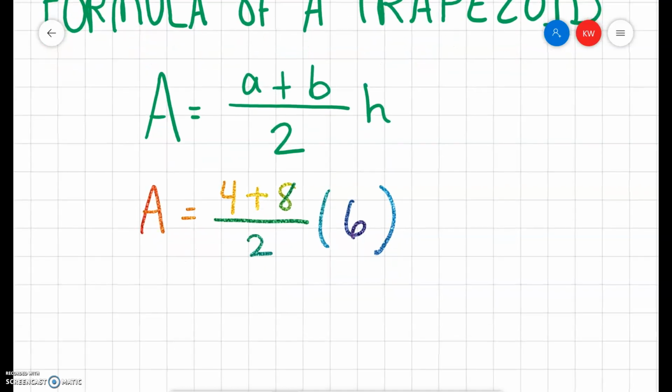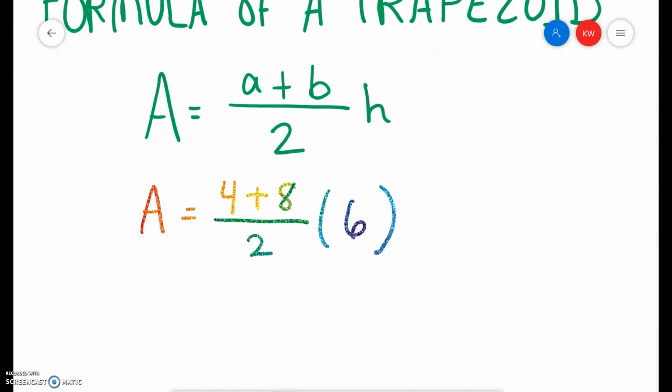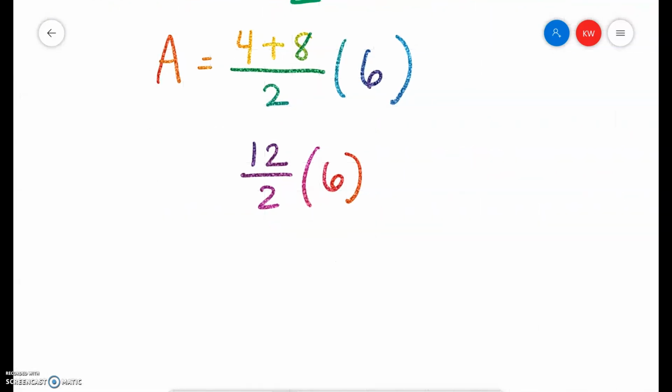According to order of operations, I'm going to add 4 plus 8 first, which is 12, and rewrite everything. Now, 12 divided by 2 is 6, because there are 2 groups of 6 in 12.